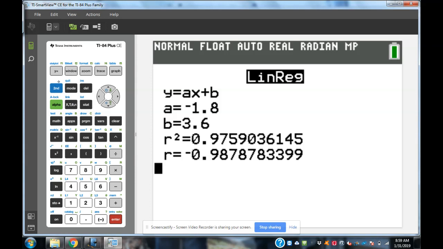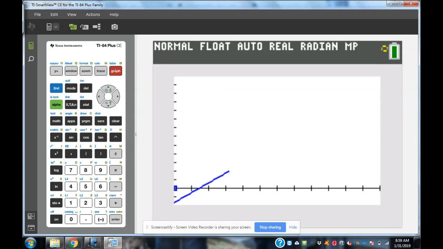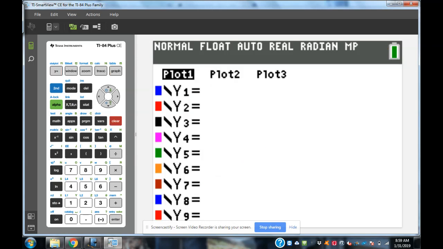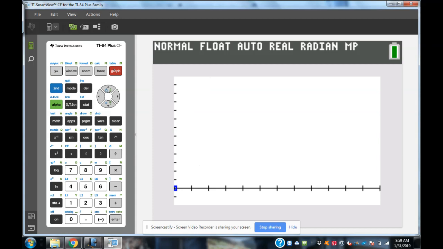The good thing about the graphing calculator is once you turn the scatter plot on for plot 1, it stays on until you turn it off. So if I hit graph, I'm going to get rid of that equation that I did earlier. Notice I don't see much. I see one point there, but I got a different set of ordered pairs. So what do I need to do to get this to resize?